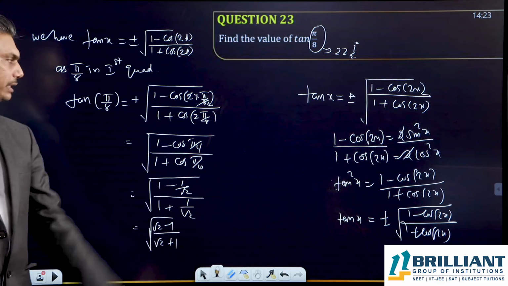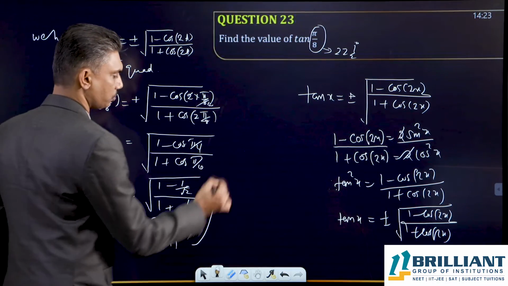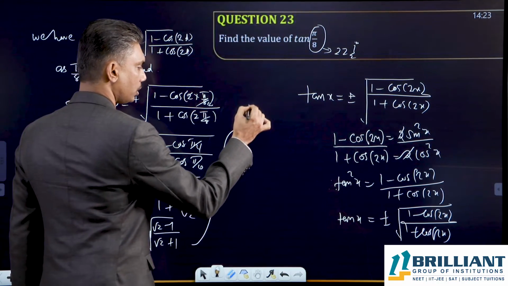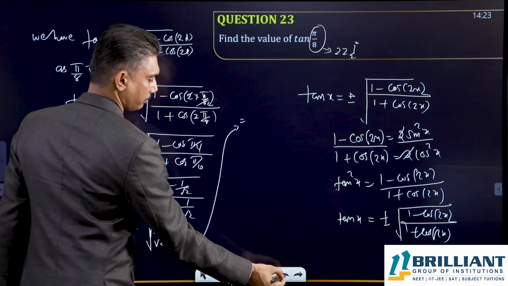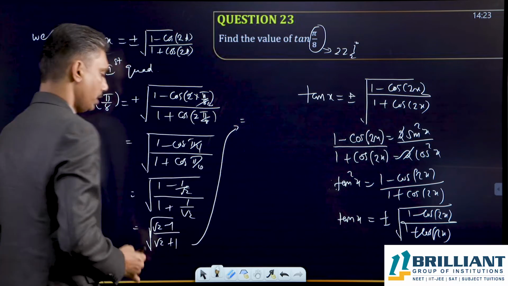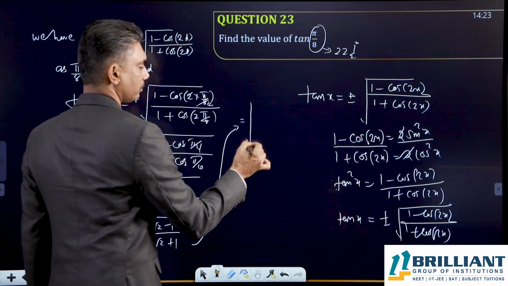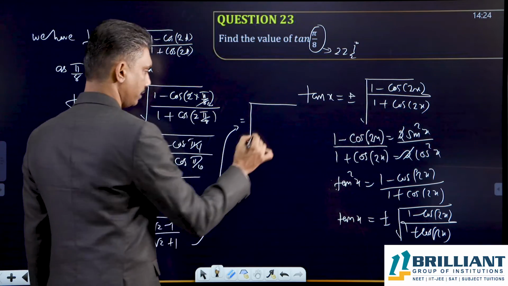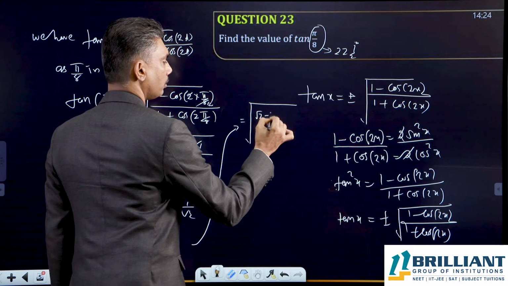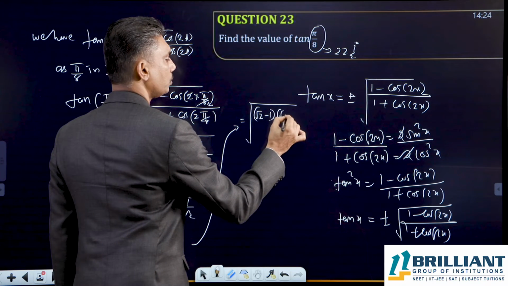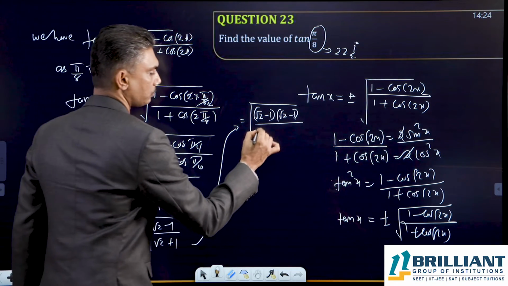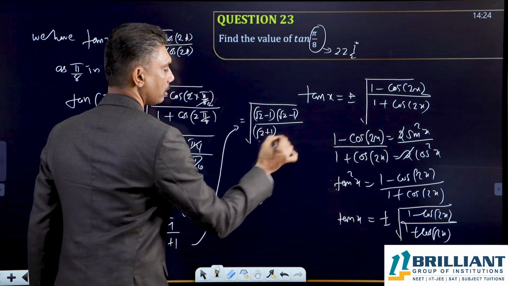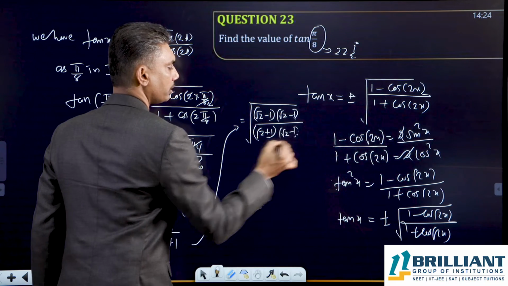The root 2 gets cancelled. Now, I can rationalize this one. What is the rationalizing factor of the denominator? Root 2 minus 1 into root 2 minus 1 by root 2 plus 1 into root 2 minus 1.